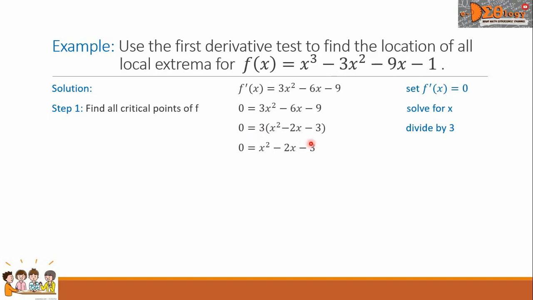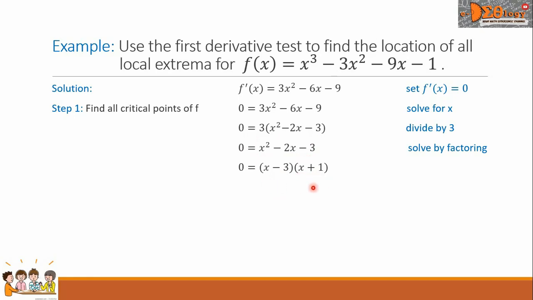So the equation now becomes 0 equals x squared minus 2x minus 3. Then let us solve for x. We can solve this equation by factoring. So the factors are x minus 3 times x plus 1.